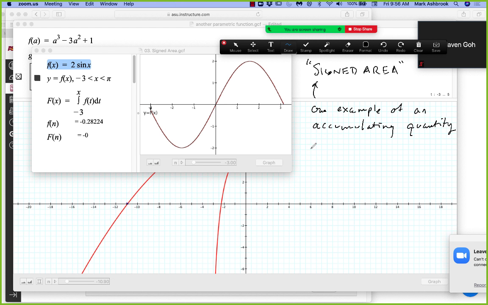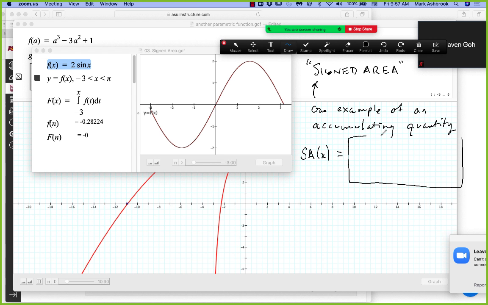And so if we wanted to write the signed area as a function of x, or any accumulation function for that matter, I want to write an accumulation, in this case accumulation of signed area. What was the key to that? What's the structure and form of that function? We want to write the accumulation of signed area as a function of x. What does that look like?